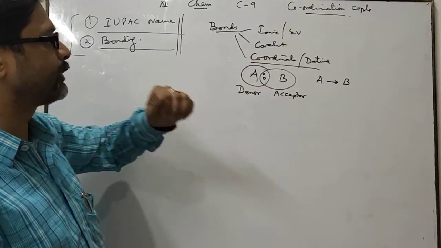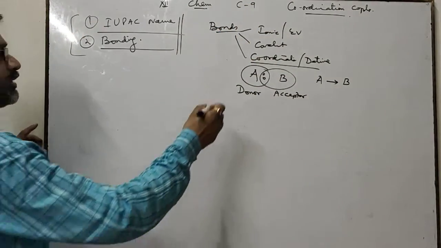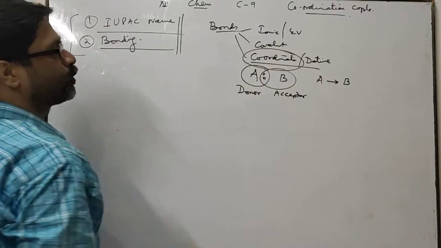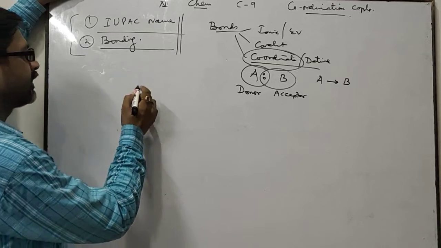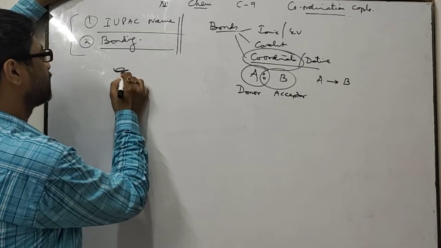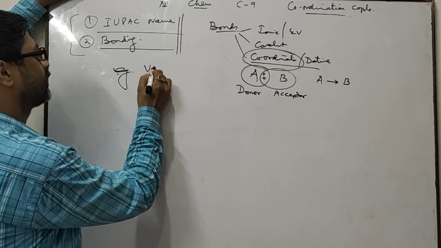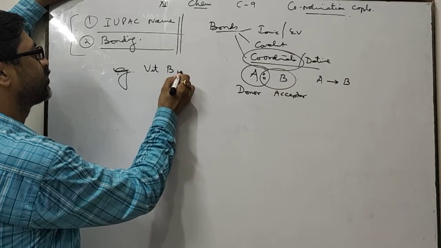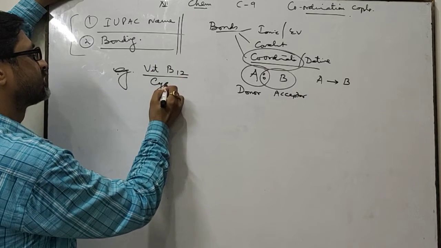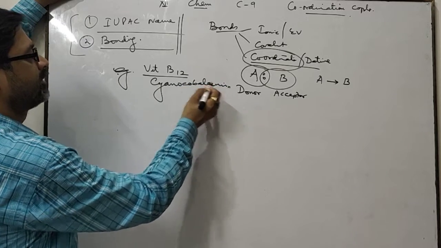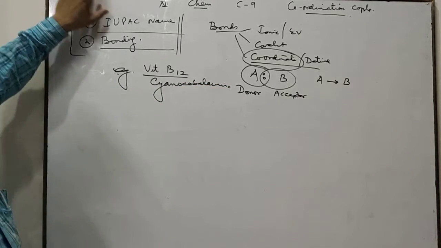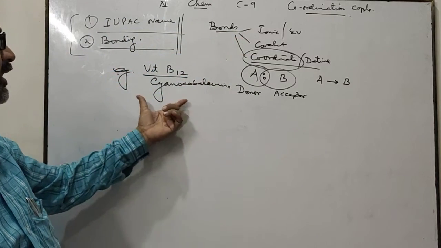What are coordination compounds? Coordination compounds are those compounds which have a coordinate bond in them. For example, vitamin B12, which is cyanocobalamin, is a type of coordination compound.